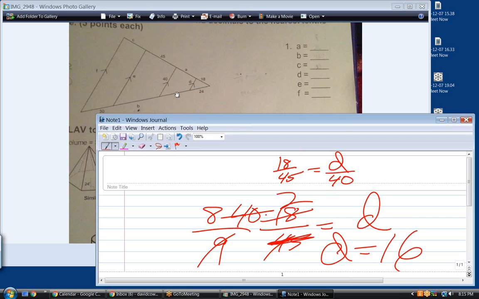That means this has to be 4 to 3. That's how I got 27. Notice this is not 4 to 3. That's 40 to 16.